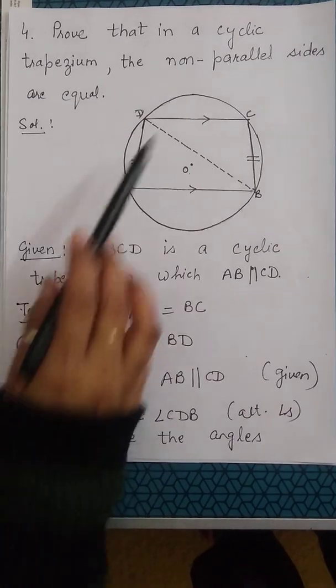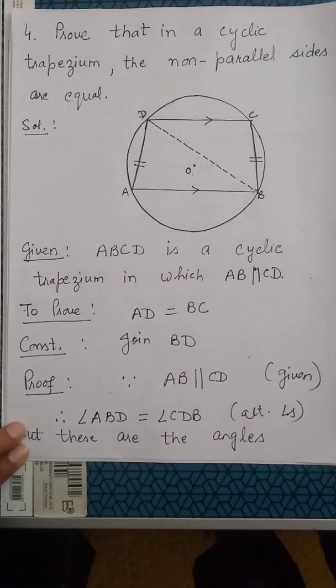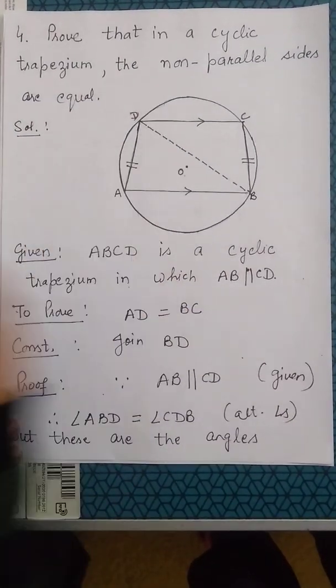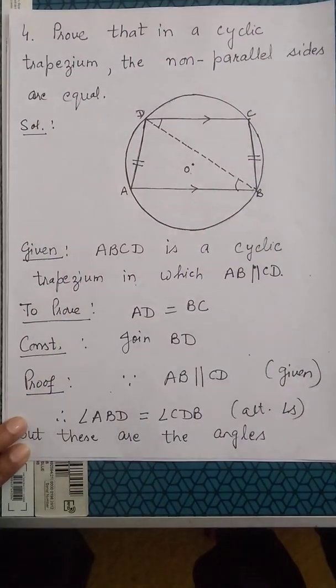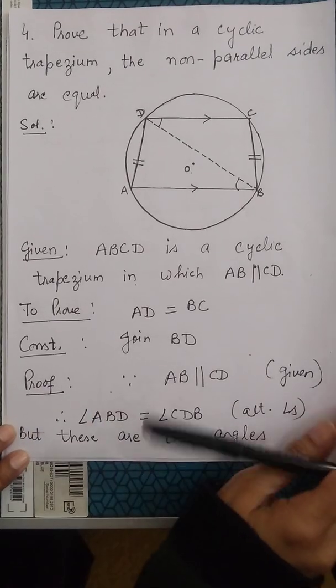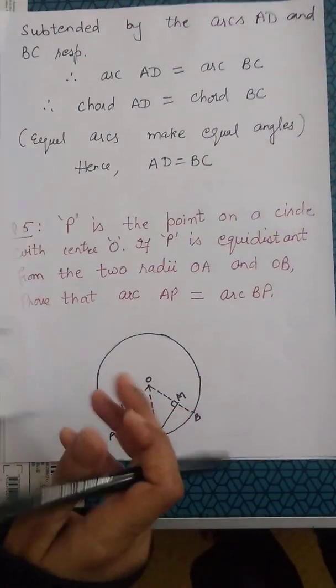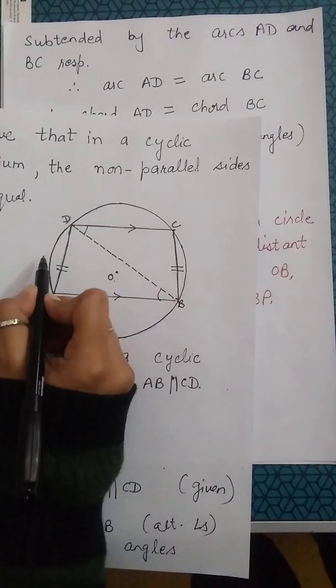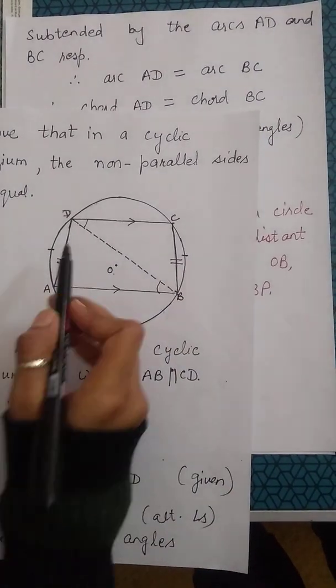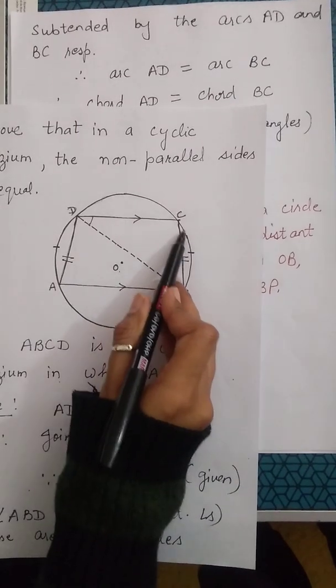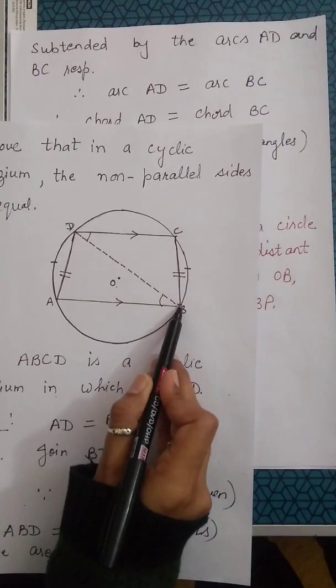Proof: because AB is parallel to CD, given to us, therefore angle ABD will be equal to angle CDB, because these are forming alternate interior angles. But these are the angles subtended by the arcs AD and BC. Therefore we can say arc AD is equal to arc BC.